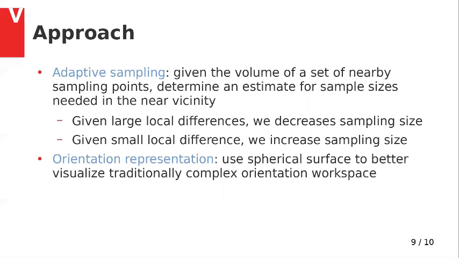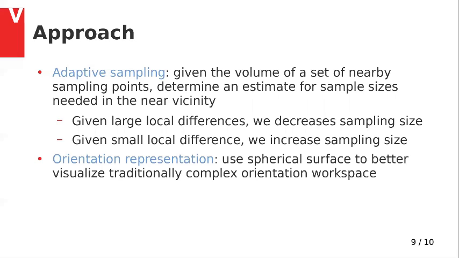If there's a small difference between these points, we would increase the sampling size. Essentially, what we're saying here is if a lot of close by points have big differences, that probably means that we need to be very careful about how we're sampling and make sure to note these differences. Otherwise, if these differences are smaller, then we can assume that one point has a pretty good estimation for the nearby points.